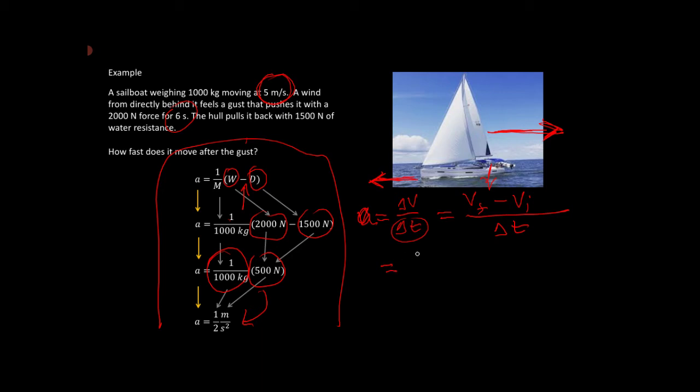All right, so from over here we have this 1/2 meters per second squared is equal to the vf that we want minus the original velocity, 5 meters per second, and we divide that all by 6 seconds, the amount of time the force is applied.